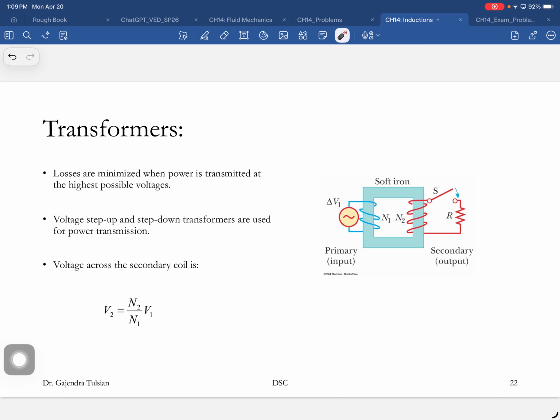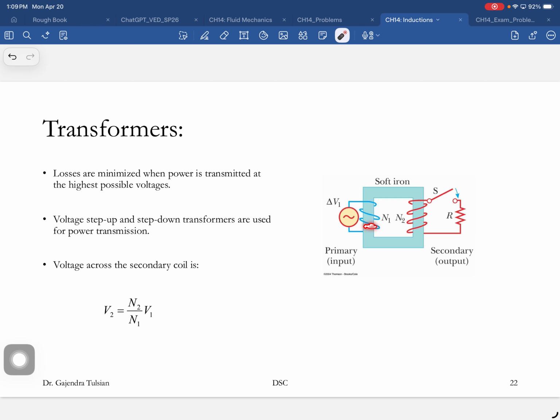Okay, so the changing current is inducing an EMF here. And the voltage induced here, V2 in the secondary coil, is N2, the number of turns here, divided by N1, the number of turns in the primary coil, times V1.